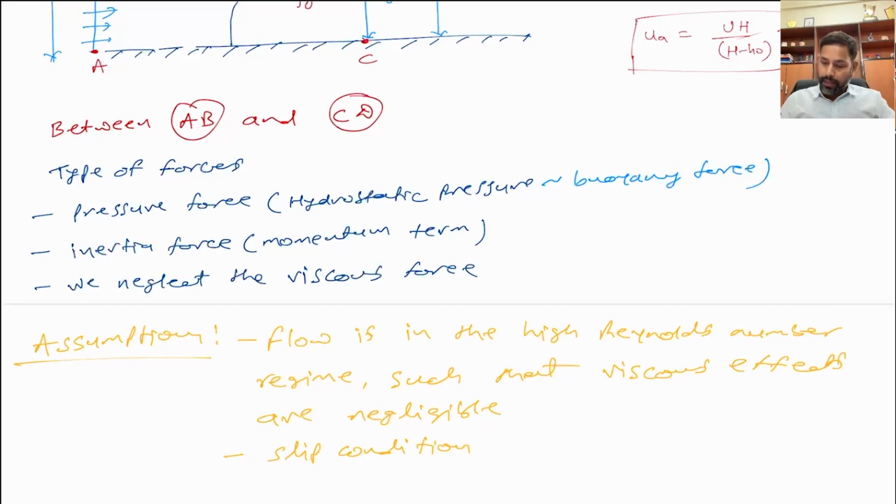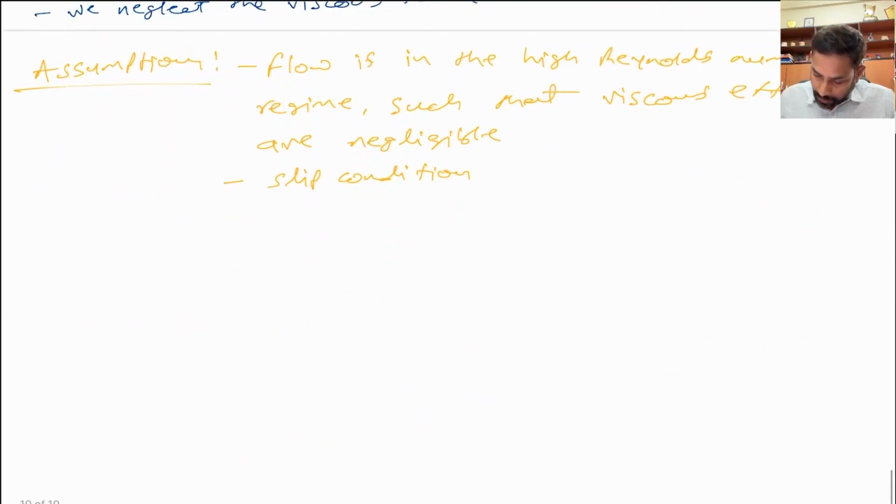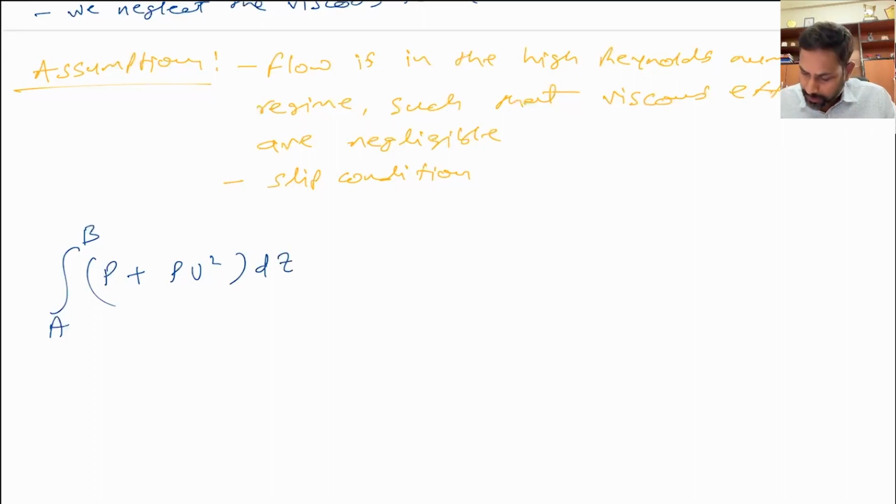Okay, and then the inertia force. So how do we write it? Between A to B we will have the integral of P plus rho u square dz, and same thing between C and D, P plus rho u square dz.